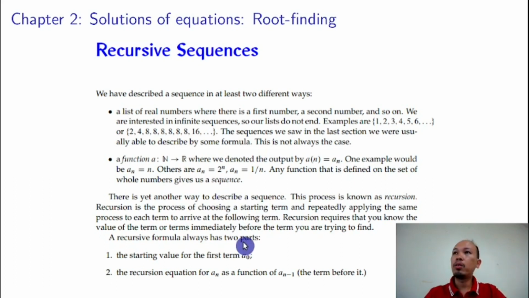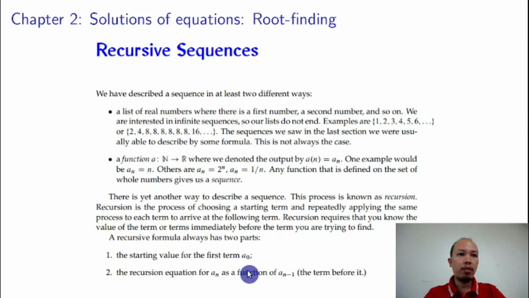subject, mathematics in the modern world, you encounter the sequence like the Fibonacci sequence. Okay, that's one example of a recursion or recursive sequence. So further, it says here that a recursive formula always has two parts.